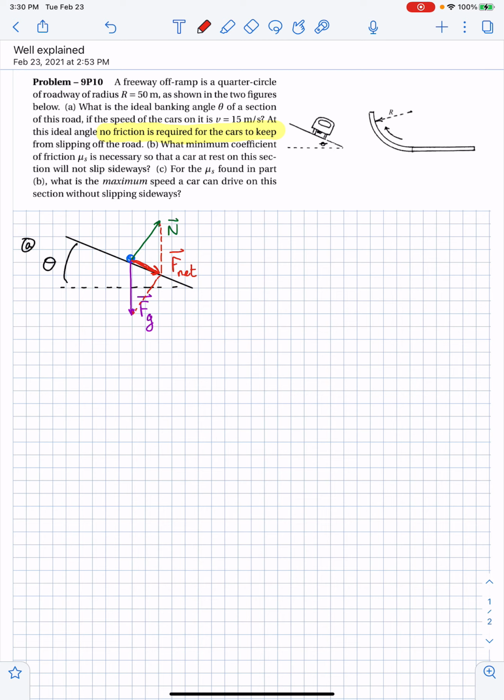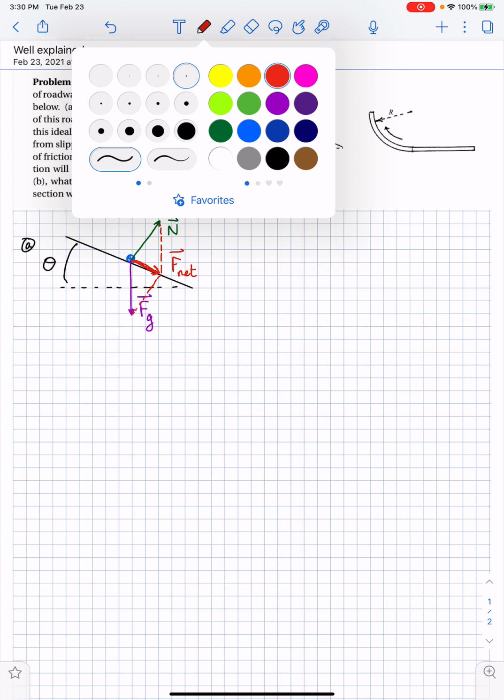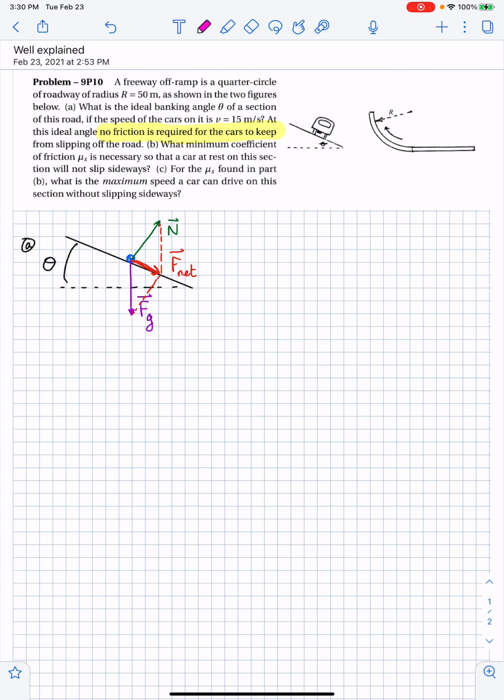Well, it's because it's going in a turn, okay? And in a turn, you are going to have an acceleration, and the acceleration is going to be toward the center. So I'm going to draw a vector right here. I'm going to call it the vector AC, which is the centripetal acceleration, and it's toward the center of the circle.